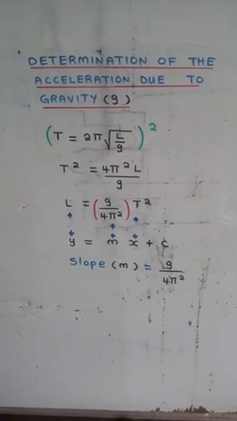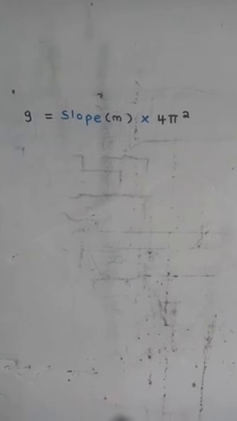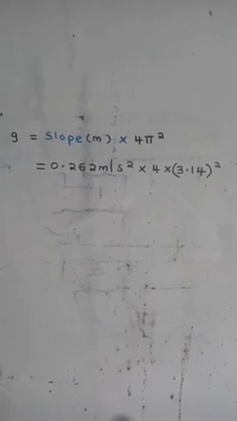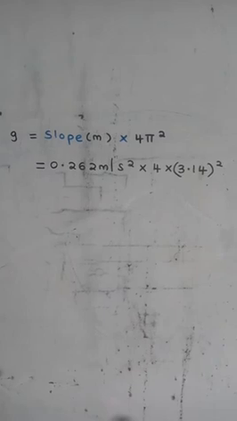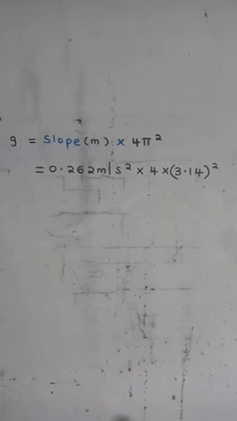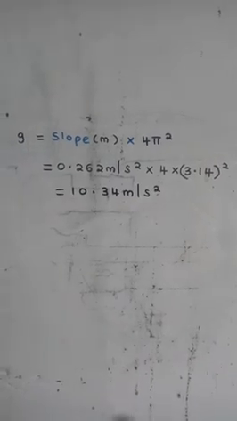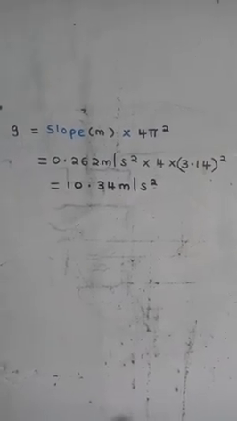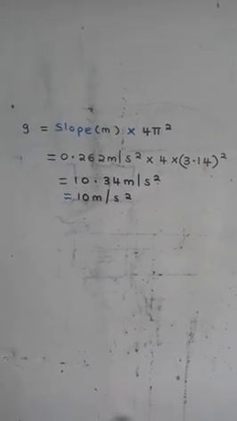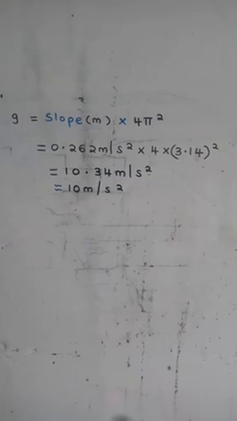Make g the subject of the formula. Then g is equal to slope times 4 pi square, which is equal to 0.262 meter per second square times 4 times 3.14 square, which is equal to 10.34 meters per second square, which is approximately 10 meters per second square.